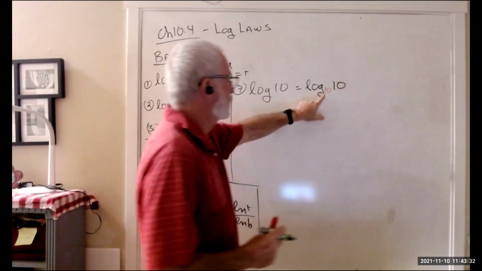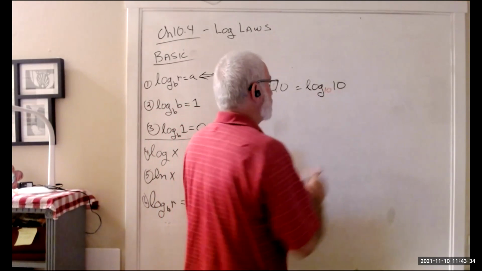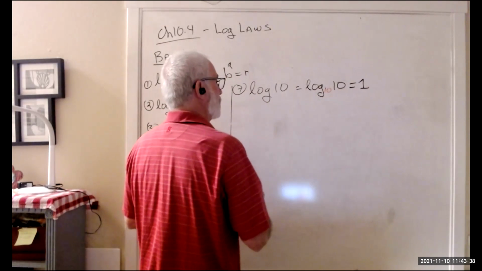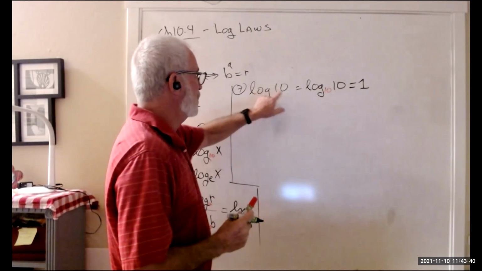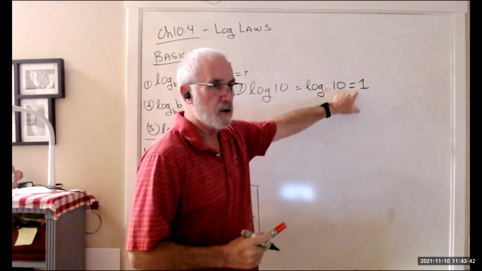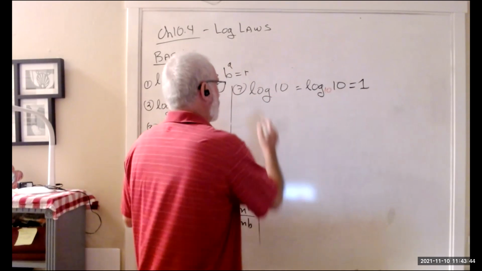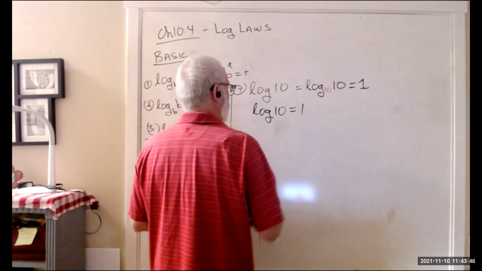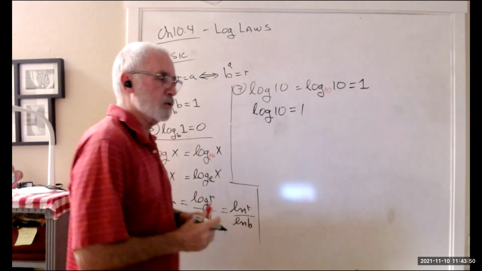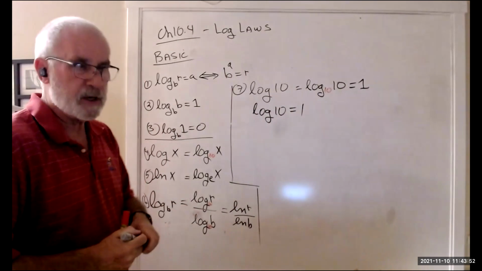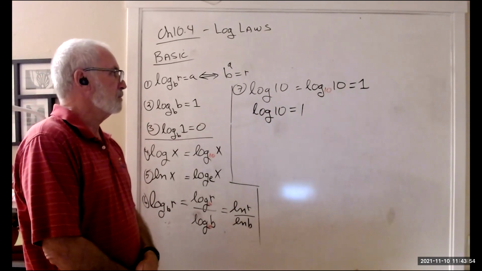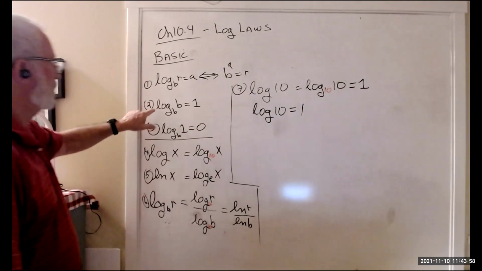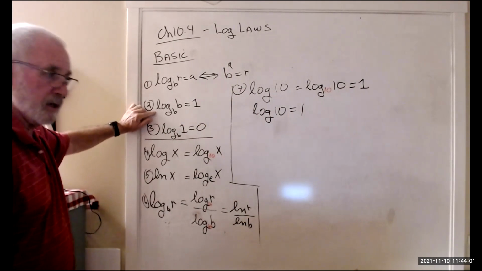So the log base 10 of 10 is equal to 1. So the log of 10 is 1. Try that on your calculator. You put log 10, nothing else, and you should get a 1. But you're getting it because of what I'm calling the basic rule.